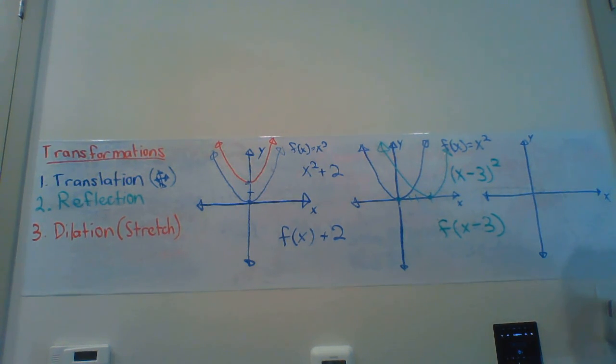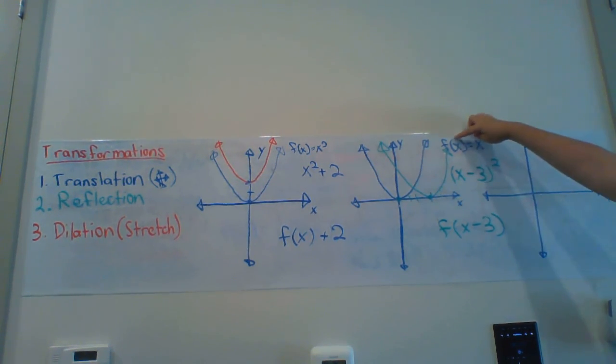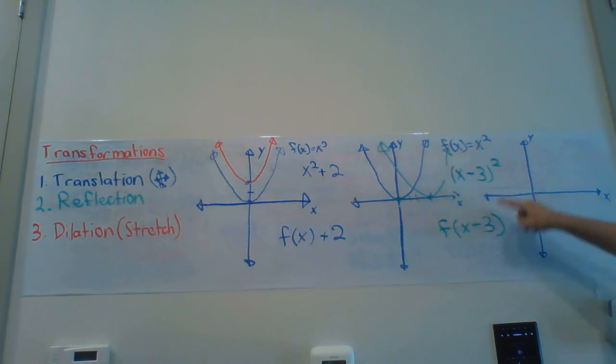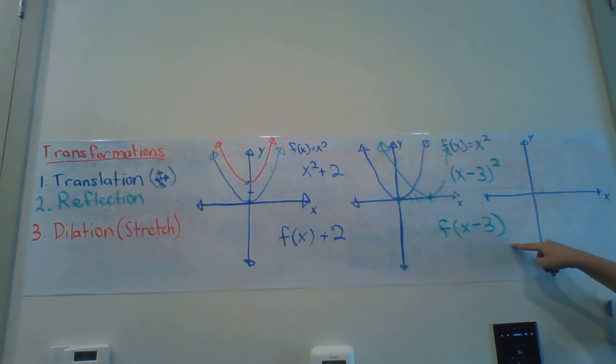F of x minus 3. So essentially all I did was whatever I saw in the parentheses of this one, I put in the parentheses of the function itself. So I have f of x equals x squared, then I've got the x minus 3 squared, and then that becomes f of x minus 3.